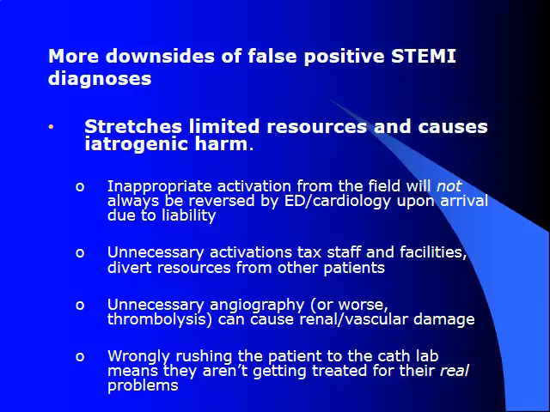If you're working somewhere in a rural setting and you're the only ambulance in the county, taking somebody that you think has a STEMI out of the county to a cath lab, bypassing the community hospital, you're leaving that community unprotected for all that time, for no reason. So it's important to think about that.